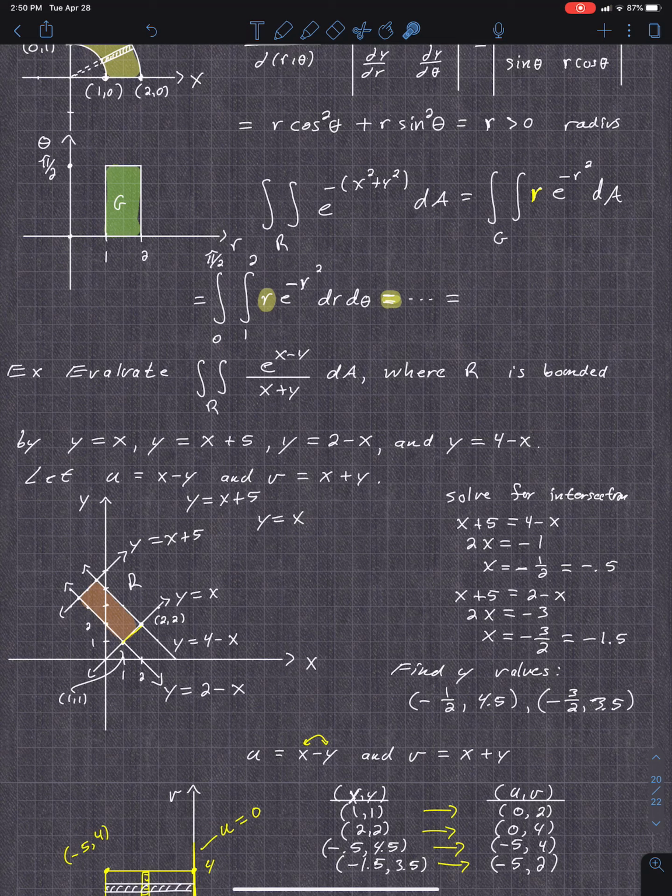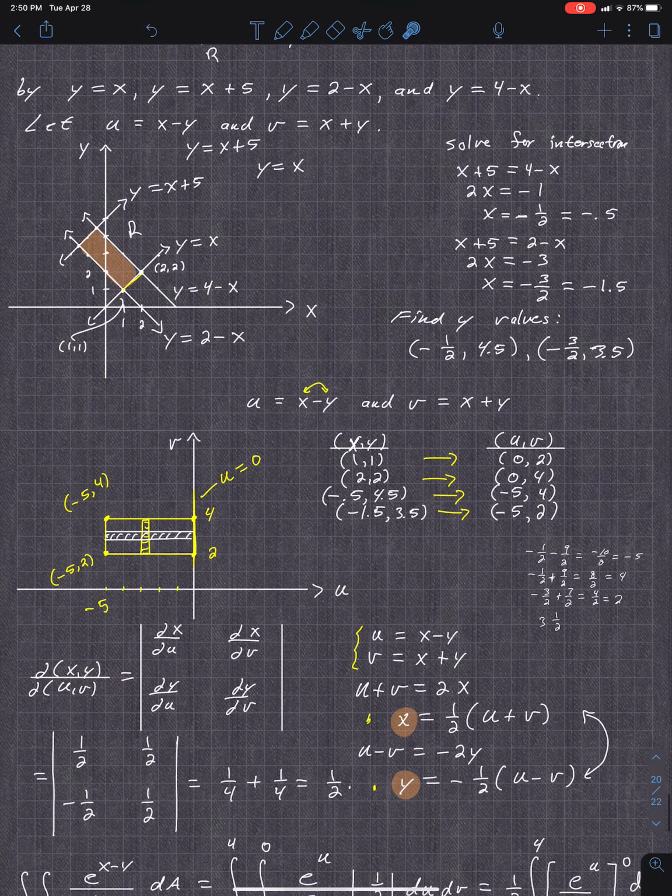There's a lot of things to do here, but it's all here, so I'll go through it as you pause and try it. You want to find all your intersection points, and write u in terms of x and y and v in terms of x and y, once you've done your substitution.